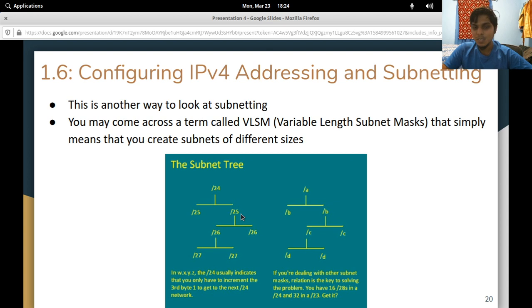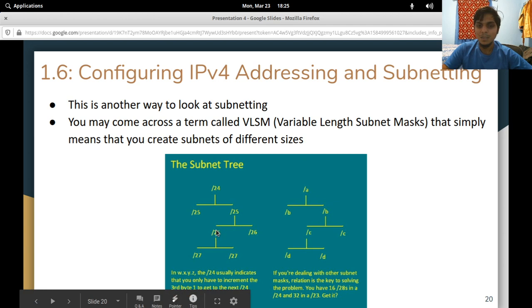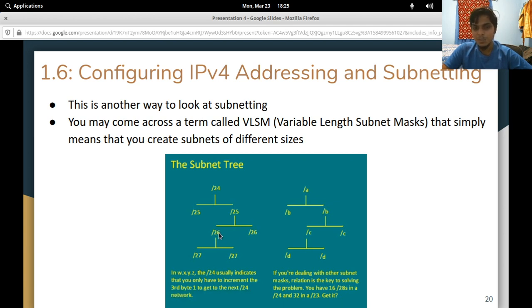All that is done after this is that they took one of those subnets and borrowed another bit. They left the first subnet by itself. Think of subnet 1, no, subnet 0. They just left that by itself, and with the second subnet here, they borrowed another bit and created two subnets from this subnet. So they subnetted it further, and from this they had two new subnets, and in this case they left the second subnet by itself and took the first subnet and borrowed another bit to create two /27s.